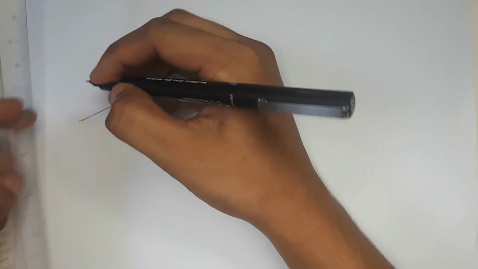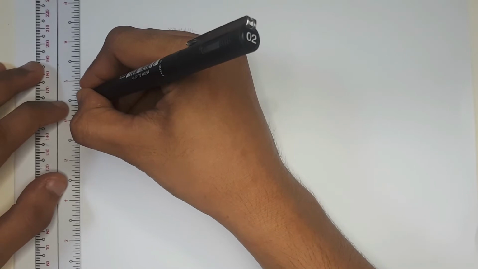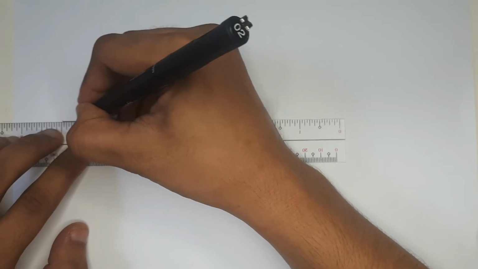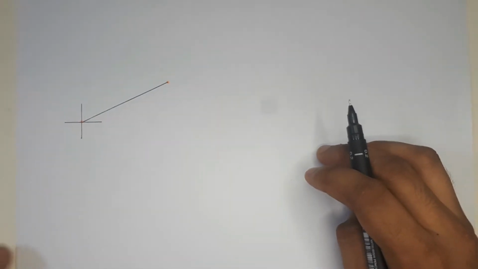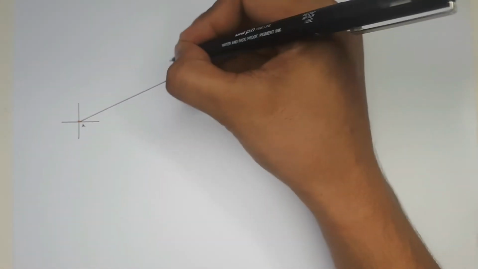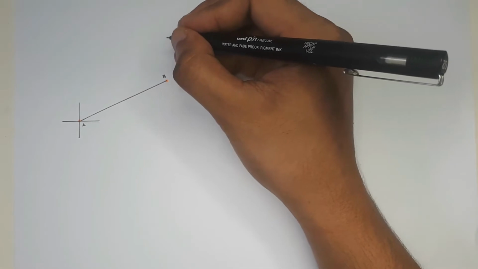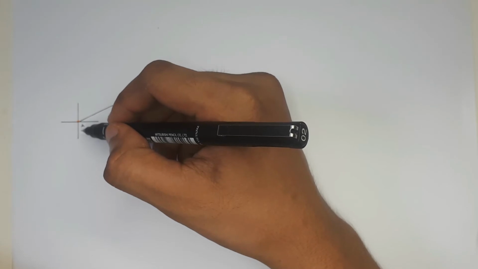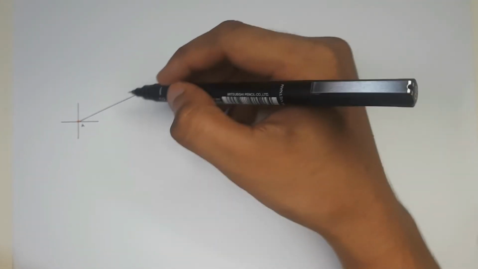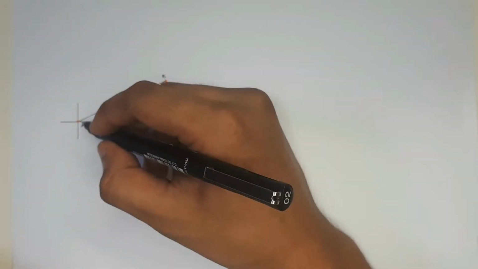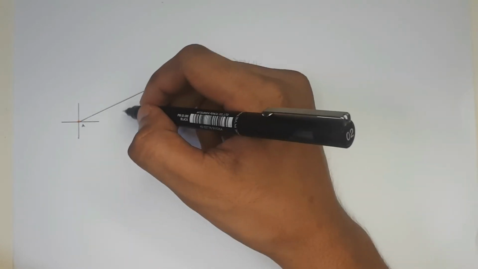Now, since this is your initial point, we will draw here our north, south, east to west direction, and this will be point A and this one B. So the forward bearing, so this will be point A and this will be point B. So this line will be called as line AB.